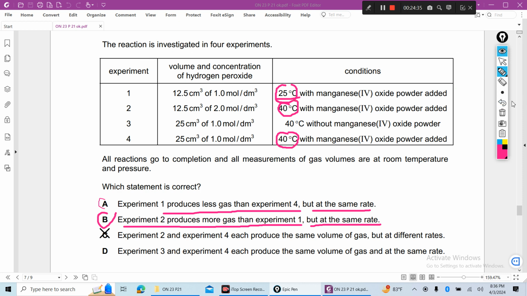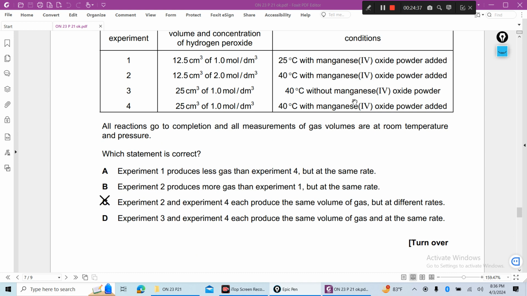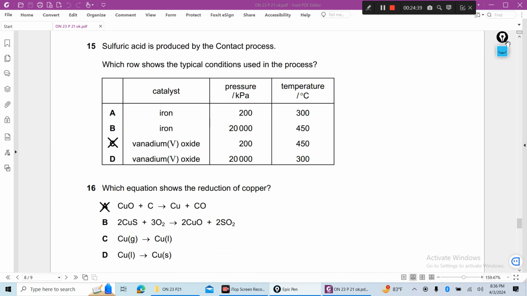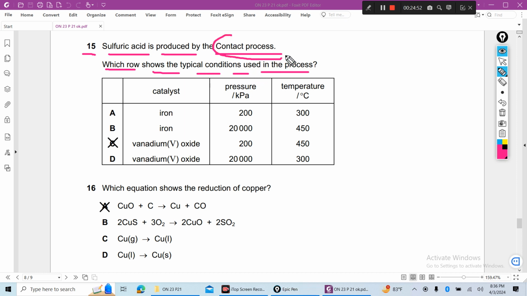Then next, 15, sulfuric acid is produced by the contact process. Which row shows the typical conditions used in this process? You know, the manufacture of sulfuric acid process name is the contact process.